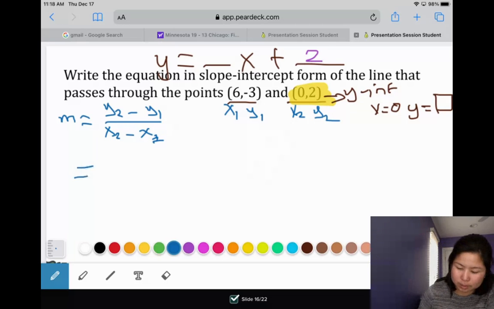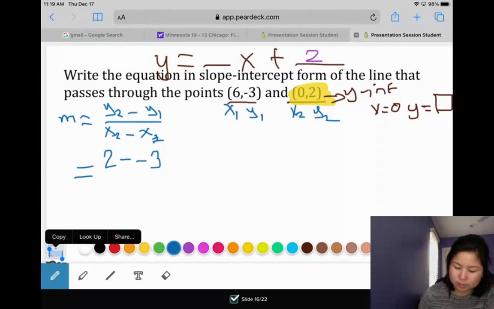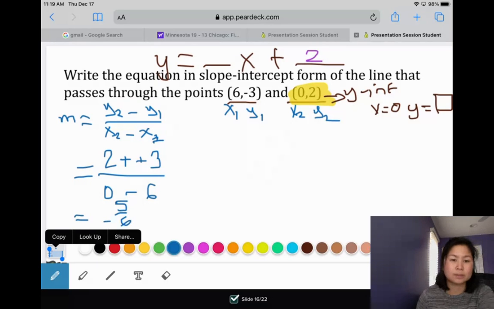So let's put it in. y2, which is 2, minus negative 3, over 0 minus 6. Minus and negative turn into positive, so 5 over negative 6. Yes, Jonathan, we divide after we have it.